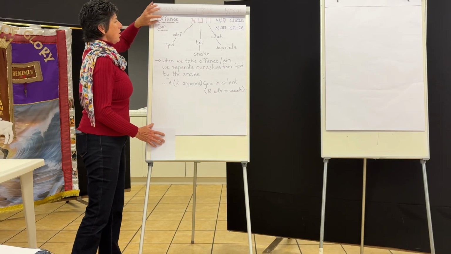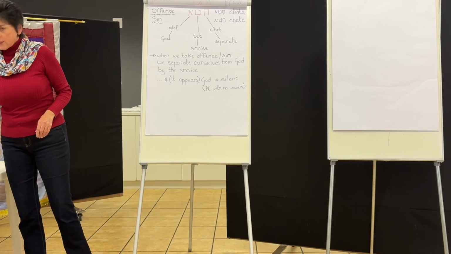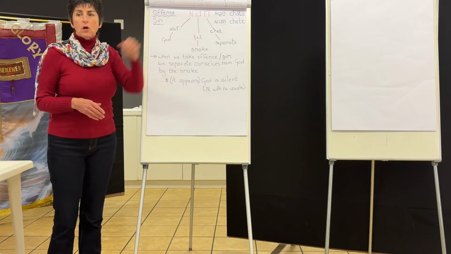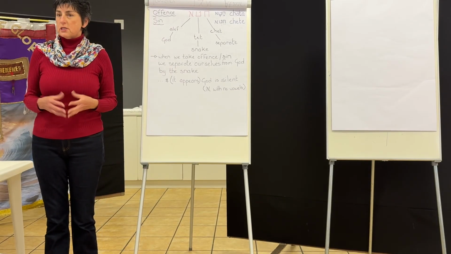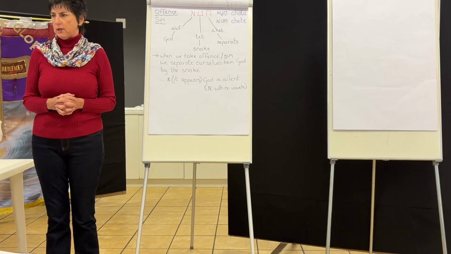The other thing that I wanted to point out was we spoke about how, with the same letters, different words can be drawn out of it. And that's because of the vowels that are put in.